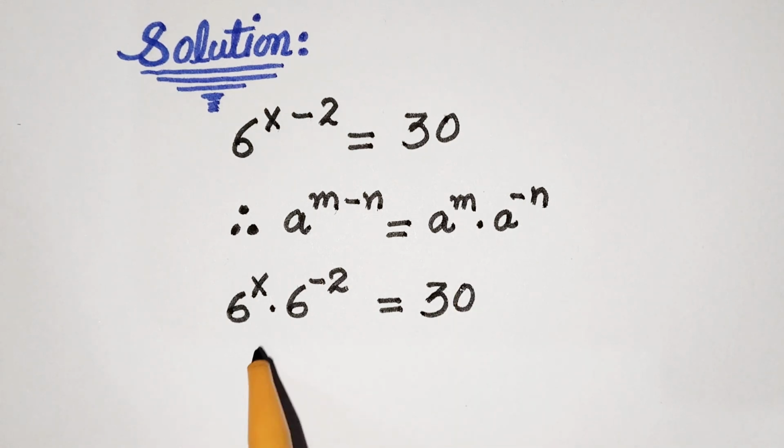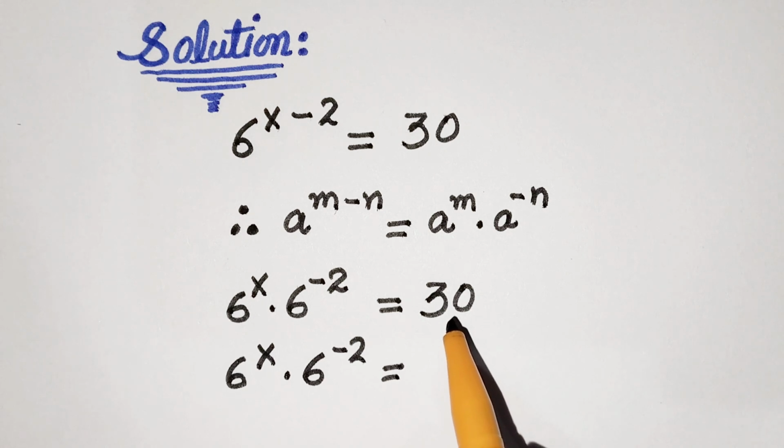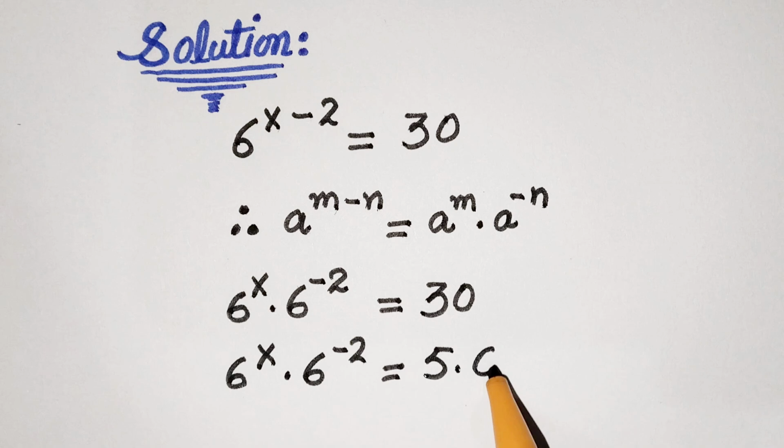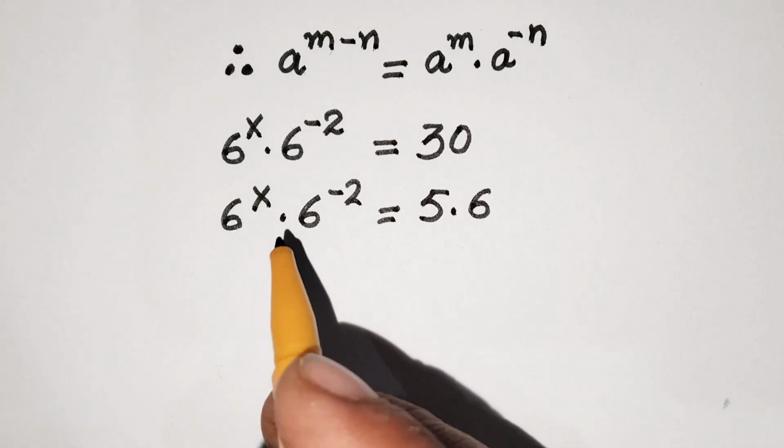We can also split the right hand side, which is 5 times 6. Now we are going to divide by 6 raised to the power minus 2 on both sides.